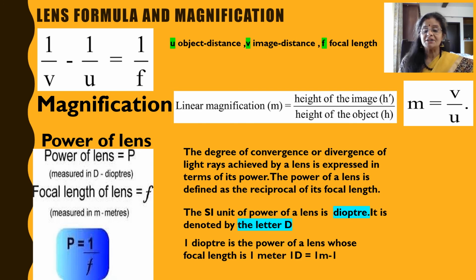So, there is a relationship between the power of the lens and the focal length, and P, the power of lens, is equal to 1 by F. The SI unit of power of a lens is diopter, and it is denoted by the letter capital D. 1 diopter is the power of a lens whose focal length is 1 meter. That is 1 D is equal to 1 m minus 1.